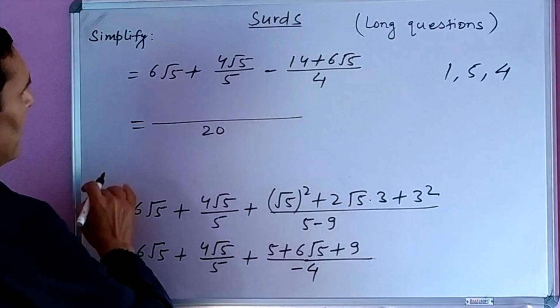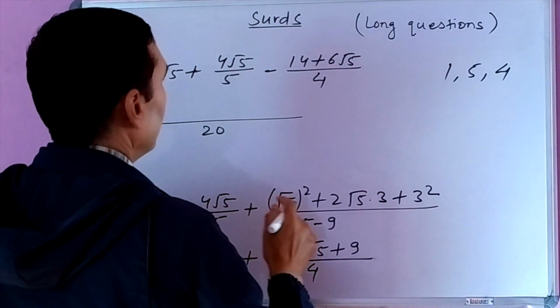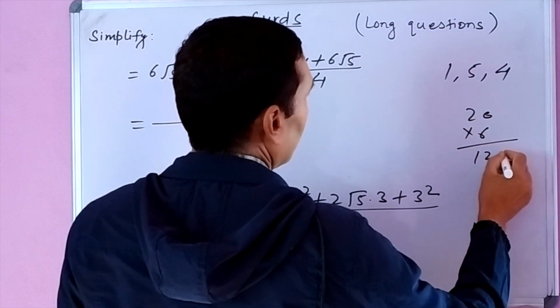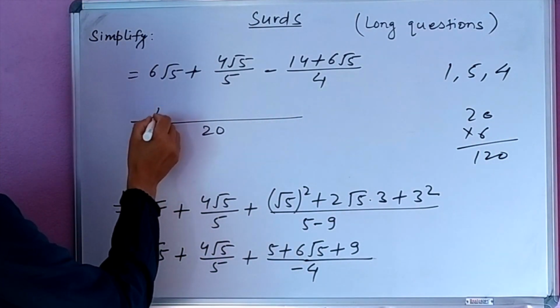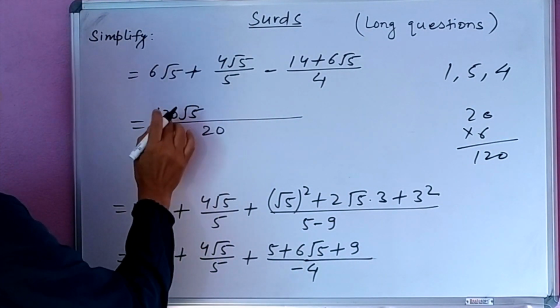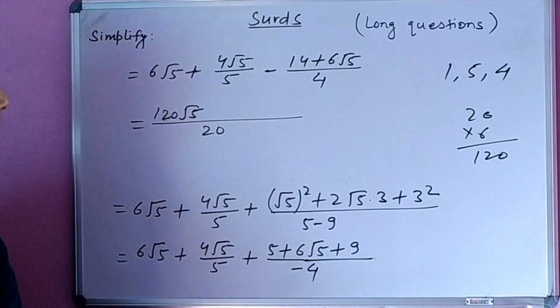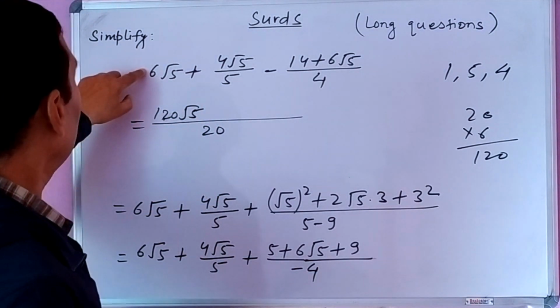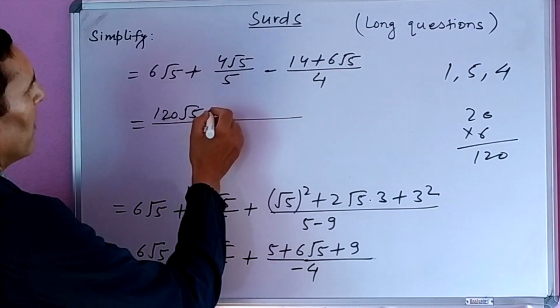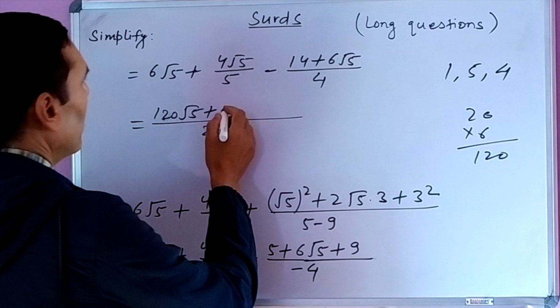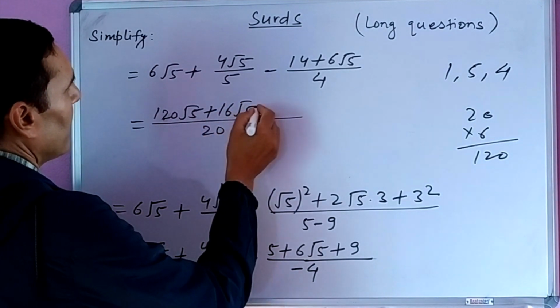Now here is 6, so 6 into 20, 20 into 6, 120. 120 root 5, because there is 1 in the denominator. Our LCM is 20, so 20 multiplied with this 6 gives 120 root 5. Plus 5, 4 times 20, 4 into 4, 16 root 5.